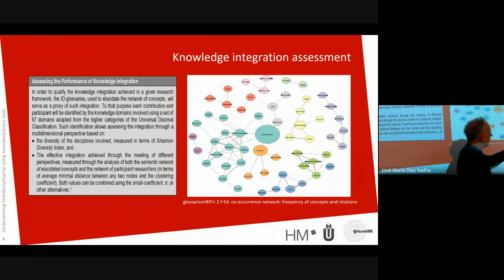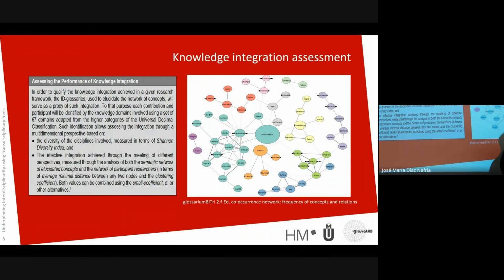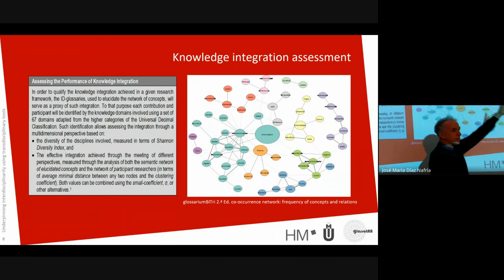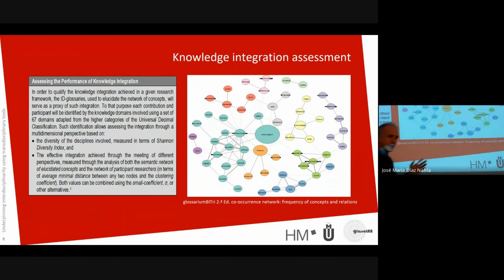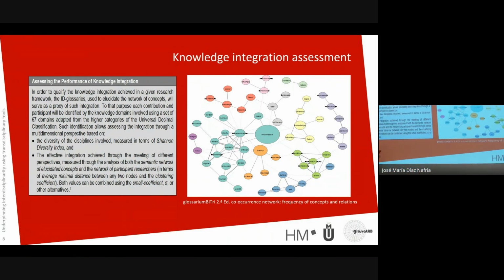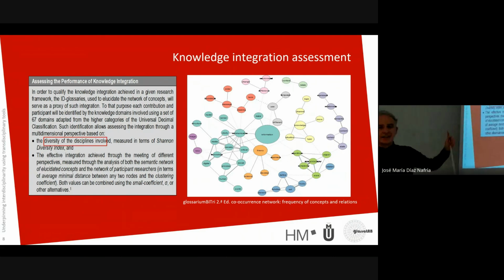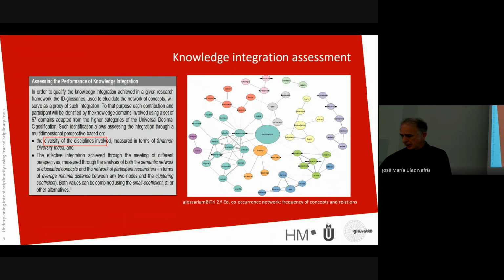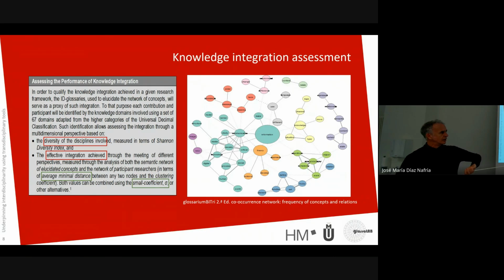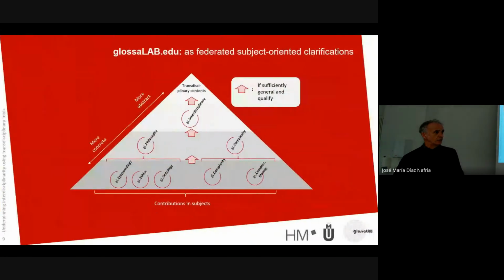With this, we can see groupings. We can evaluate the distance that exists between two concepts, the average distance, and with that we can see structural properties. With those structural properties, we measure the diversities of the disciplines that are involved, if we annotate, as we do now, the knowledge fields, and we see the effective integration through the small-world coefficient, which is a relation between the average distance and the grouping.